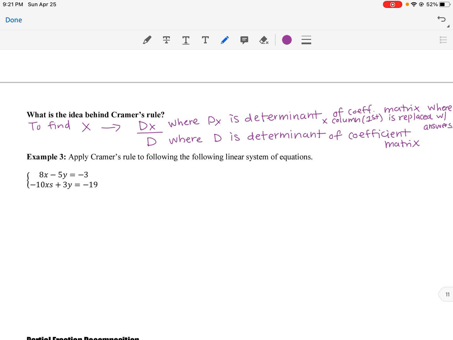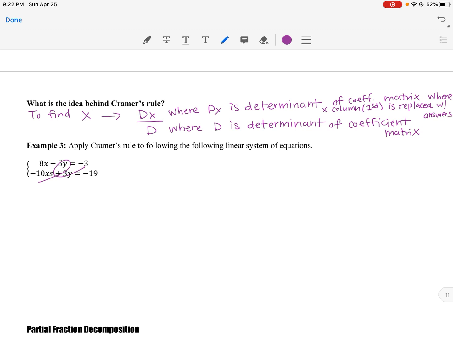Okay, I am actually going to change this example because I think a 2 by 2, you're really good at it, but I think we need to practice actually finding the 3 by 3. So let's go ahead and I'm going to give you the following system.